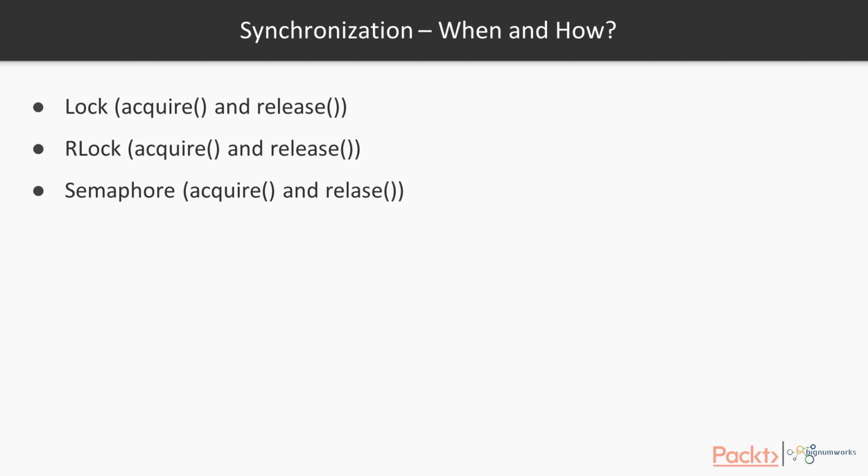The next one is Semaphore. Semaphore is called by the name of BoundedSemaphore in Python's threading module. Semaphore is the oldest synchronization primitive and is usually used to impose conditions such as limiting the number of threads trying to access a shared resource, for example, a database.